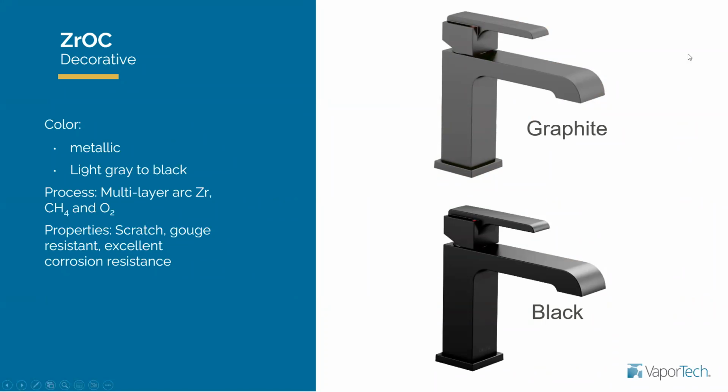The way you do this is not by changing the amount of gas during a single process. You have different layers, multi-layers, with different indexes of refraction as you build that coating, and so you trick the eye with how the light reflects off the surface of the part. But these are all decorative coatings as well.